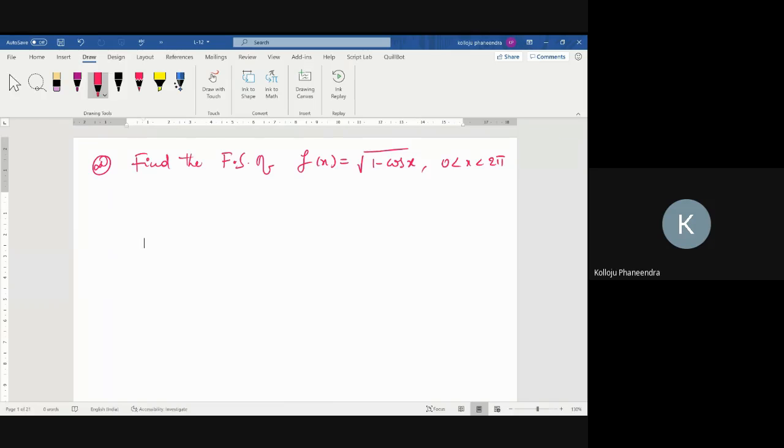Hence evaluate 1 over 1 into 3 plus 1 over 3 into 5 plus 1 over 5 into 7, and so on. Solution.